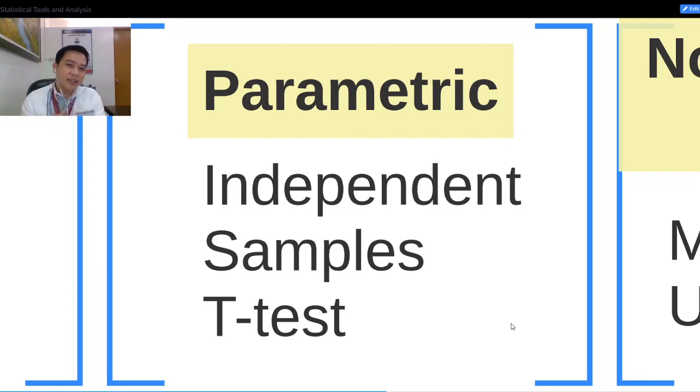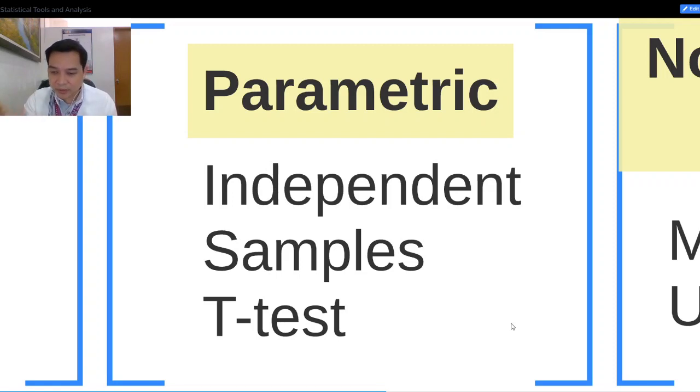But in this case, or rather, I correct myself. In the paired sample t-test, you have only one set of data, okay, two times given, but again, one group. In the independent sample t-test, you have two groups, the male and the female.